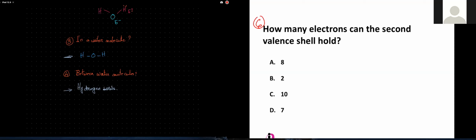So how many electrons can a second valence shell hold? Remember, all of them are going to hold 8 electrons, except for the first one. First one holds how many? How many electrons? 2.